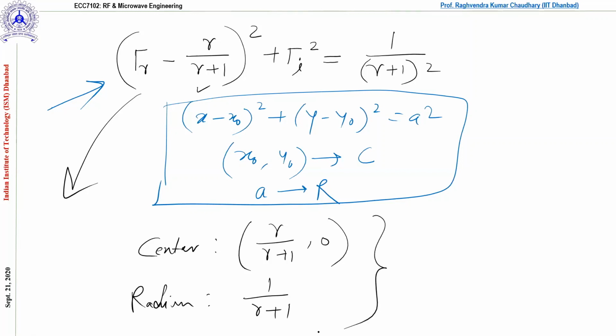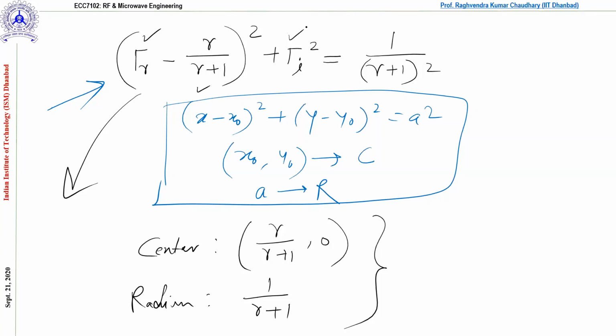Now we can do some analysis over these things. If you see this equation carefully, there is a gamma r and gamma I. It means that we are going to do all sorts of exercises over the reflection plane only.